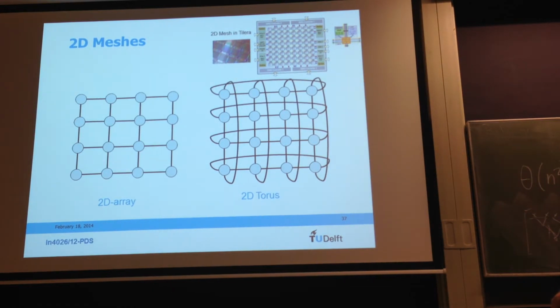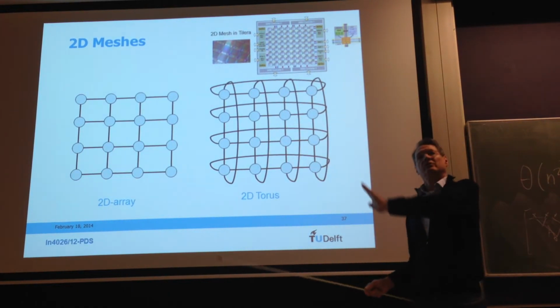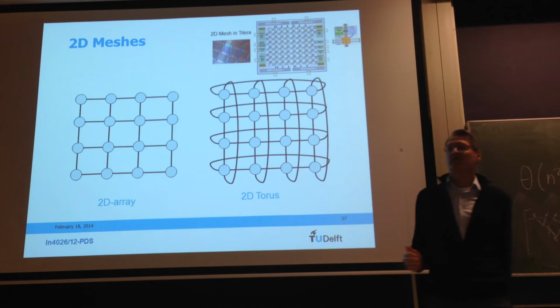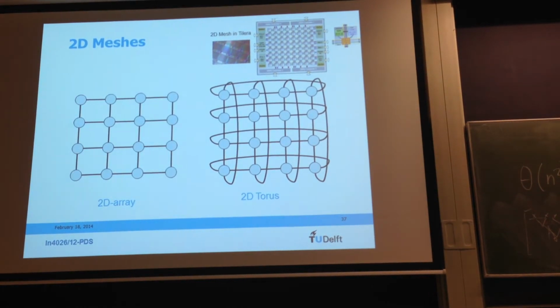Also a chip you can buy, which uses this two-dimensional layout. It's handy to make it on a chip, right? The 2D torus is a bit unhandy to do that way because you have to make wraparound connections. But if you do it not on chip but in a different way, you can do it with normal wires.